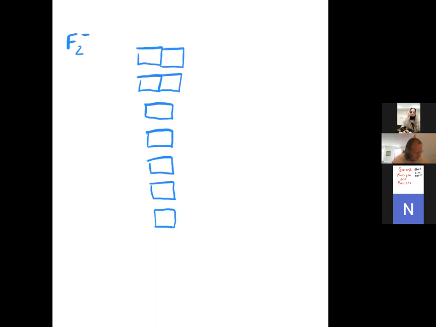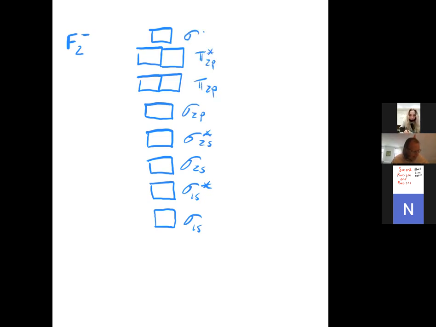There we go. For me, it's easier just to write it that way. The notation is kind of annoying because you have to use Greek letters. Okay, so there they are.